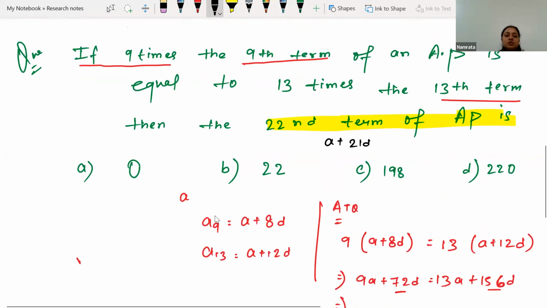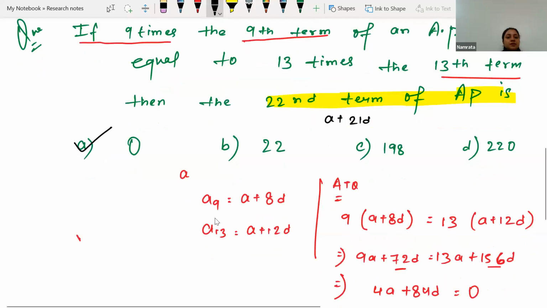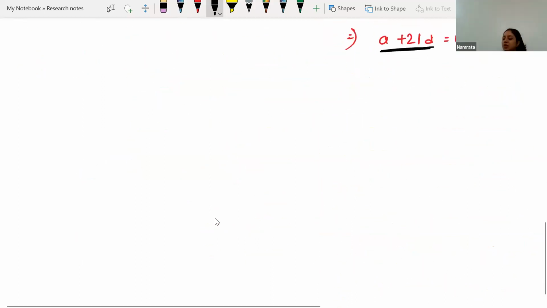So can I mark 0 over here? Yes, ma'am. So this was very simple, right? Yes, ma'am. Let's move ahead. Like this only we will be solving a few questions from AP, and then we will be seeing a few extra things, that is properties related to AP, and then we will be moving ahead. Okay, let's see what the next question is.